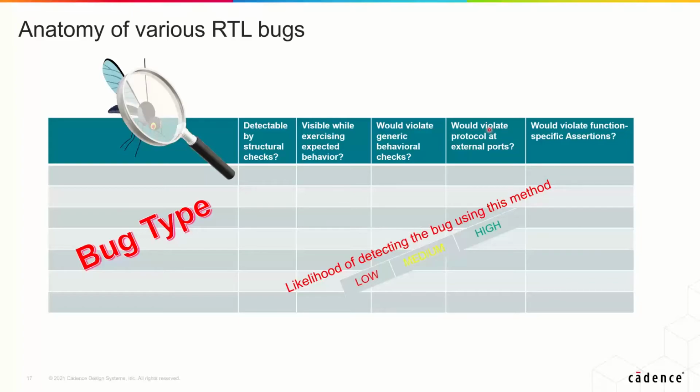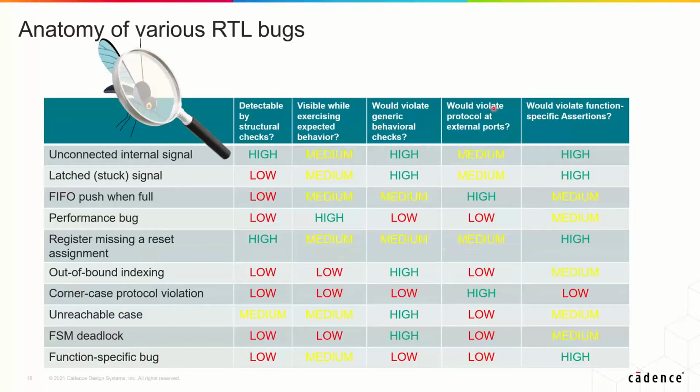If you were to classify all of the RTL bugs that you have ever seen, you might consider a table like this, where you can categorize them based on different checks: detectable by structural checks, visible when exercising expected behavior, would violate generic behavior checks, would violate protocol at external ports, and would violate functional specific assertions. And the kinds of bugs that we can find in the RTL, you can categorize from low to high.